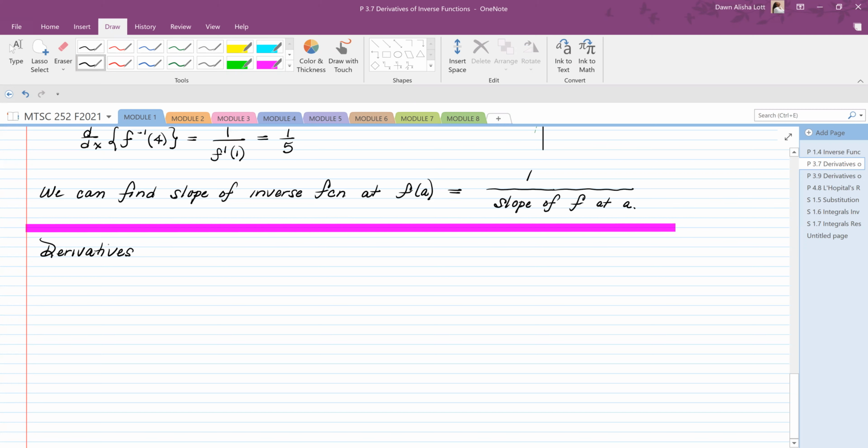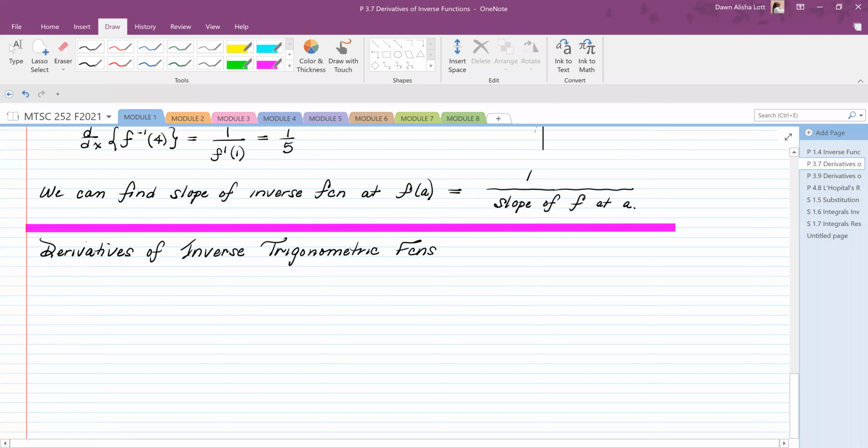So derivatives of inverse trig functions. All right, here we go.